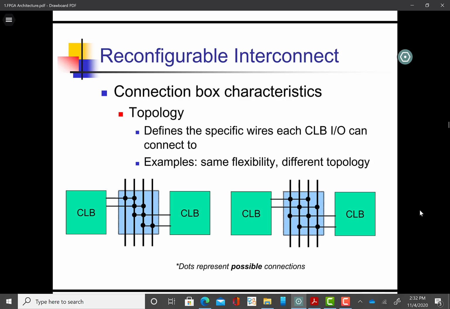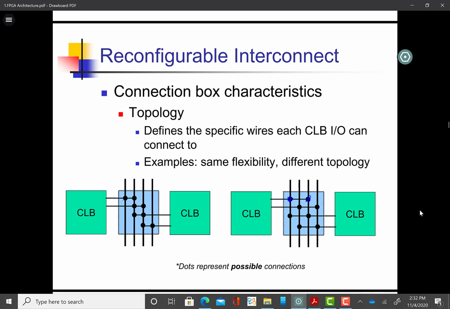So the connection box has different kinds of topologies, for example, defining the specific wires each CLB/IO can connect to. Here you see the topology is that you can connect to 2 close wires, but in this case the topology is that you can connect here or here. So these are 2 different topologies.